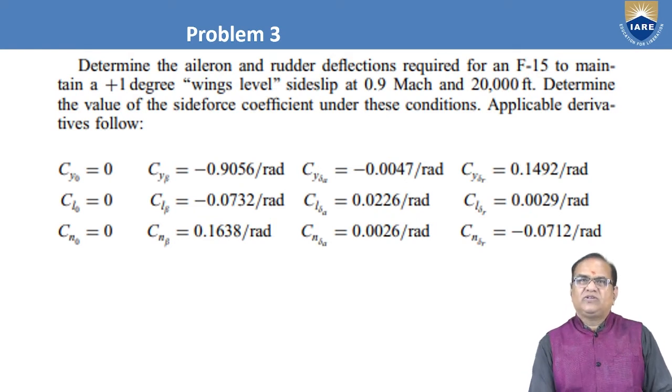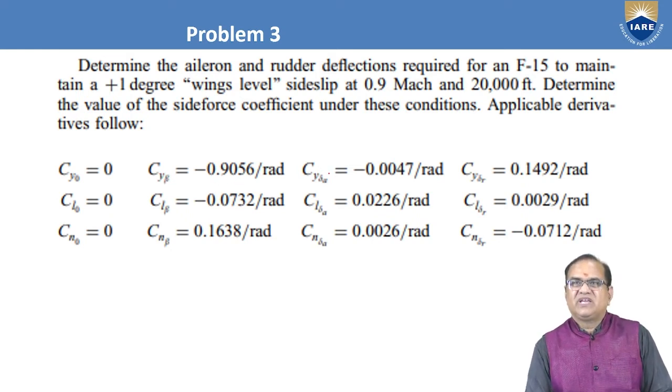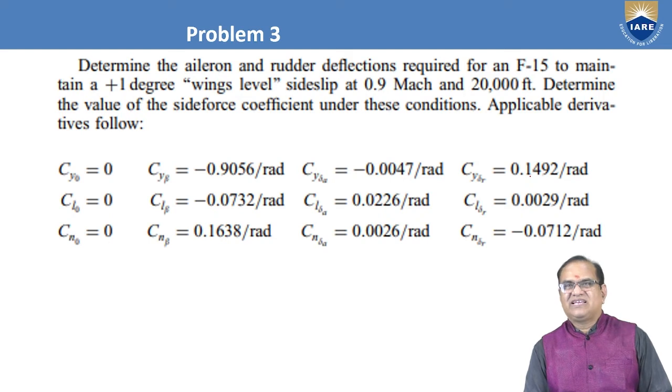So you know that Cy beta means dCy by d beta. So the variation of coefficient of side force with respect to the variation of beta is given. Here dCy by d alpha is given, the variation of Cy when angle of attack is varied, and Cy delta R is given.